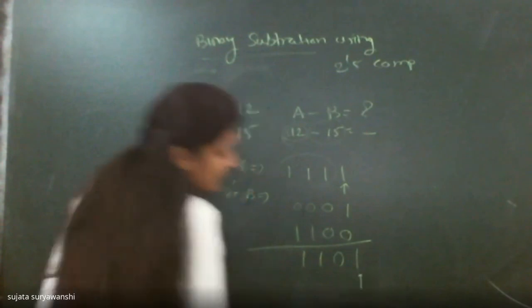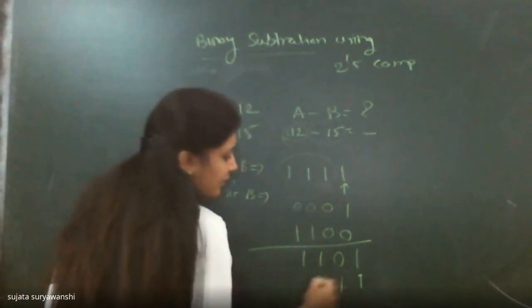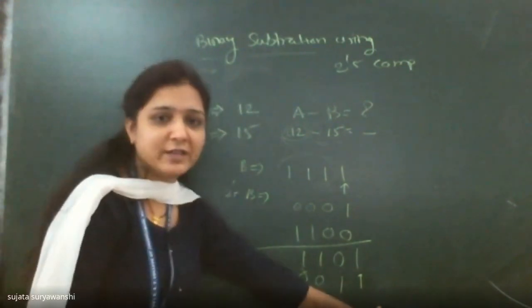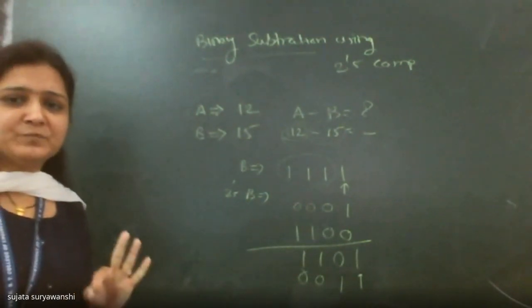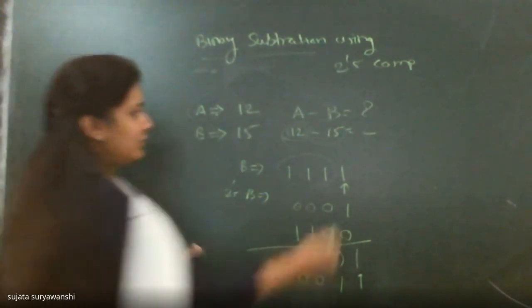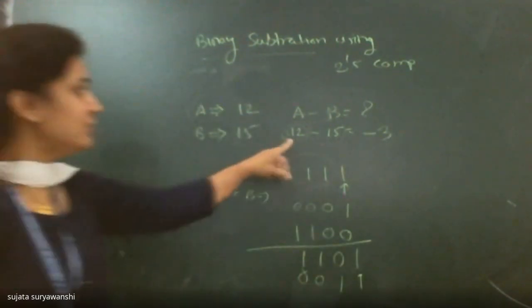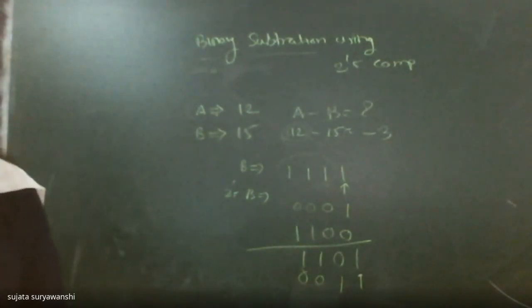Write down all the bits up to the first one as it is, and invert all the remaining bits. That gives 0 0 1 1. The magnitude, 0 0 1 1, is decimal 3. So the final answer is minus 3. When you perform 12 minus 15, you get the final answer minus 3. Understood or not?